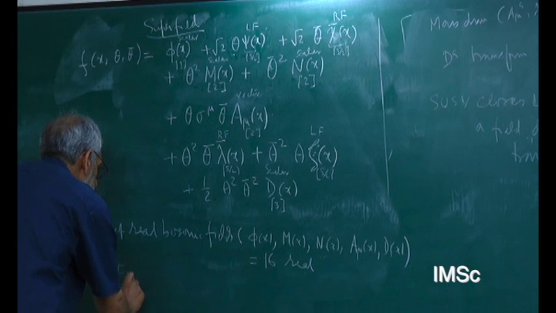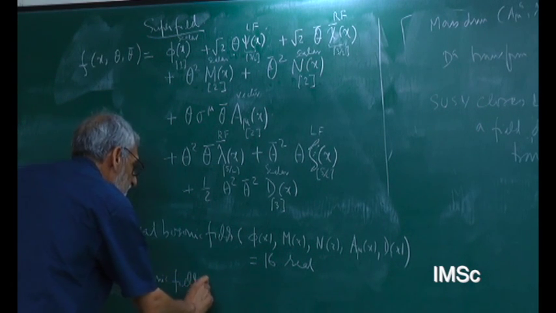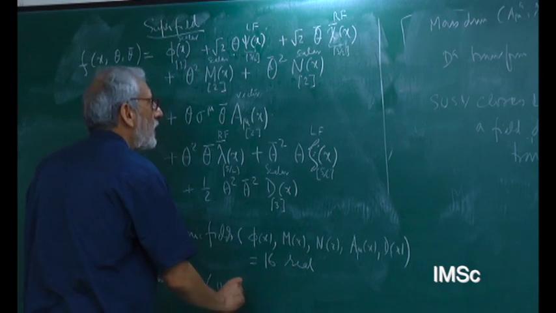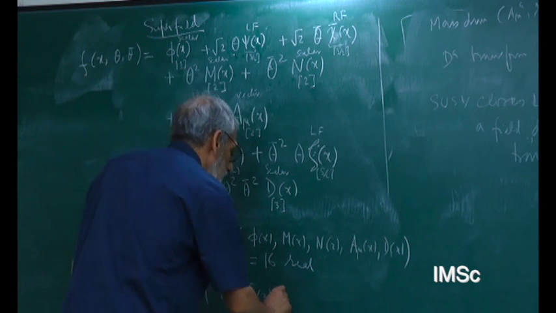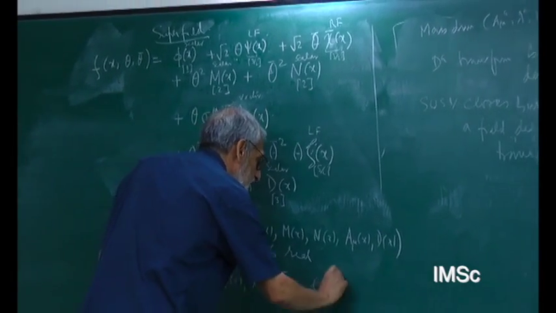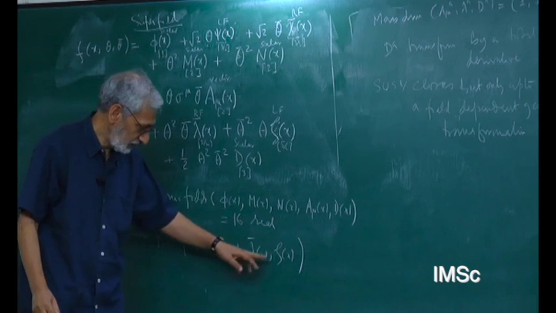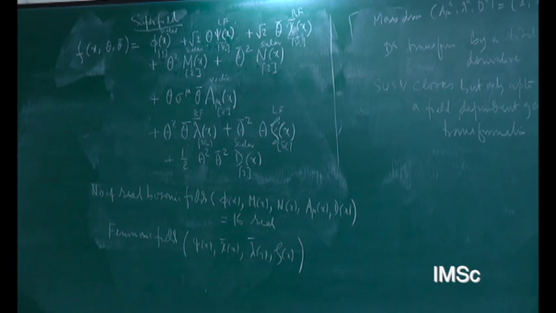Fermionic fields, we have psi of x, chi bar of x, lambda bar of x, zeta of x, 1, 2, 3, 4. Each one is made of 2 complex numbers. So 8 complex numbers, that's 16 real fields.